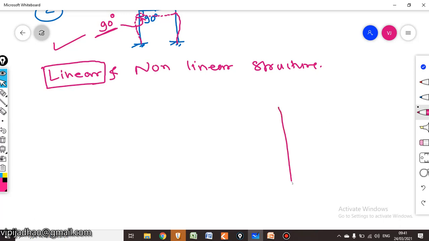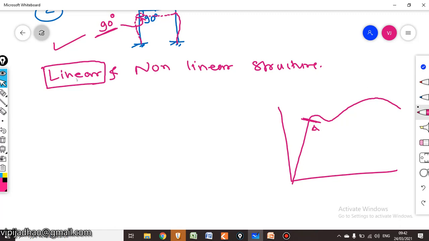You know that for steel we have the stress-strain diagram like this. So we'll be considering a linear system if we are considering the stress-strain relationship up to this point of linearity. Then the structure will be considered as linear.